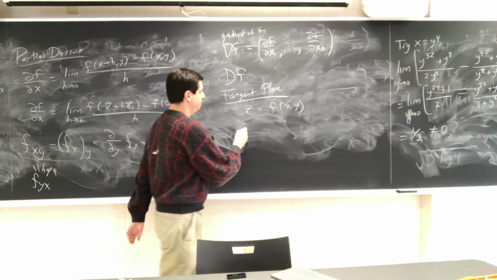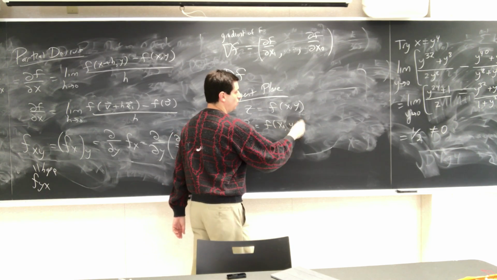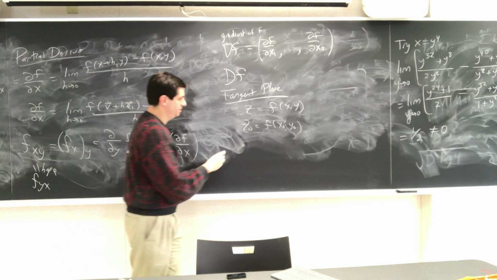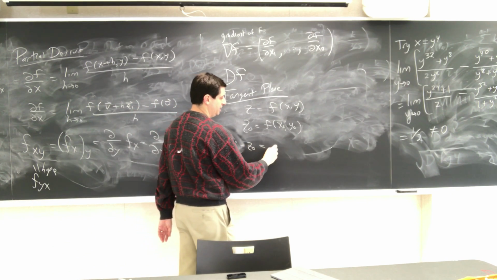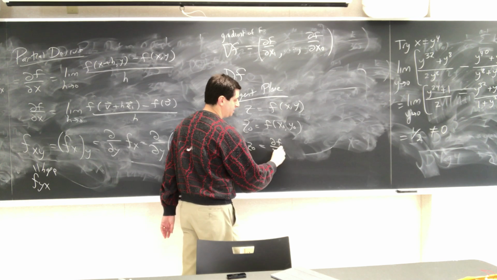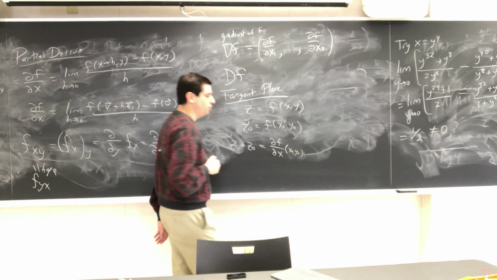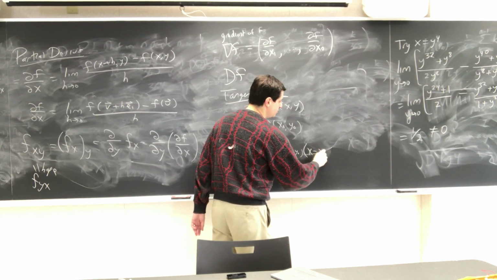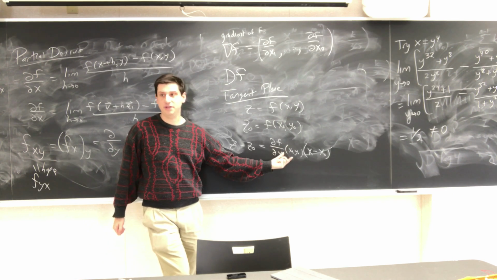So let's say we have z naught is f of x naught, y naught. That if I hold y constant, I should get z minus z naught is the partial with respect to x, and I'll put over here x naught and y naught to just tell me what point I'm evaluating this at, times x minus x naught. This is the tangent line approximation if I consider y as a constant.